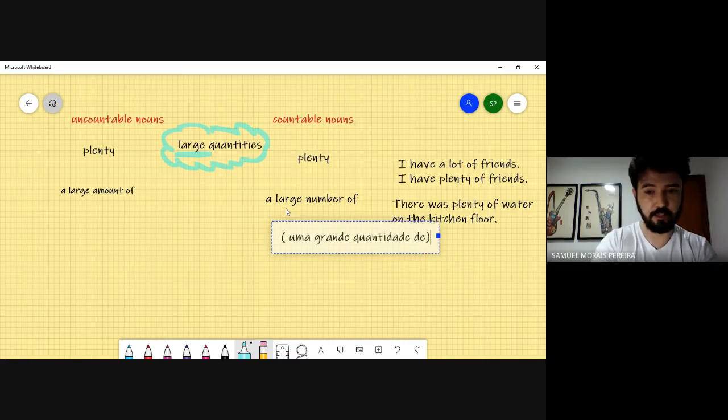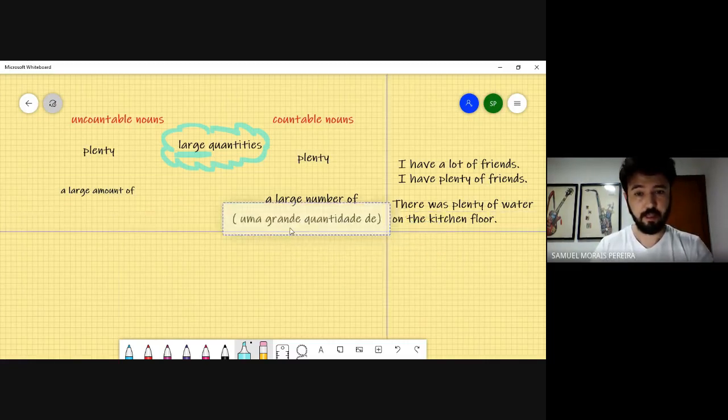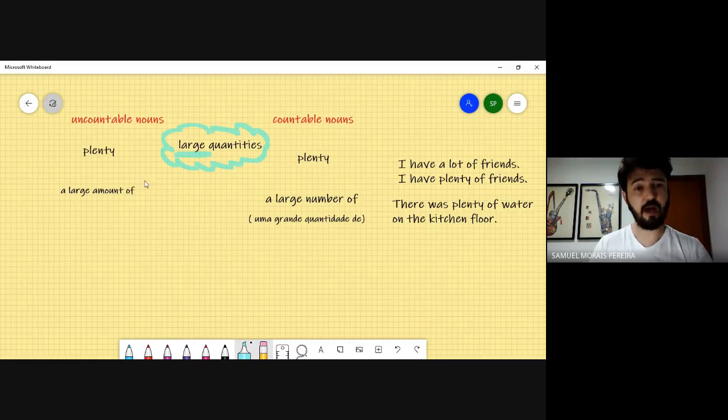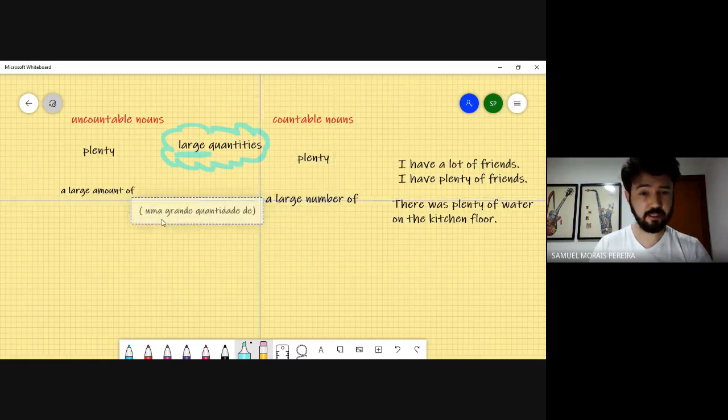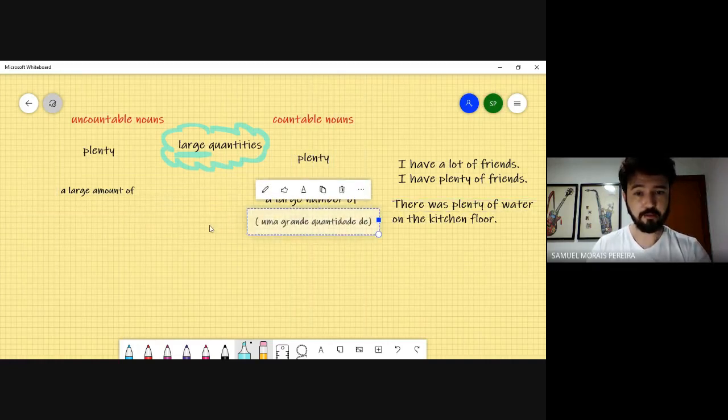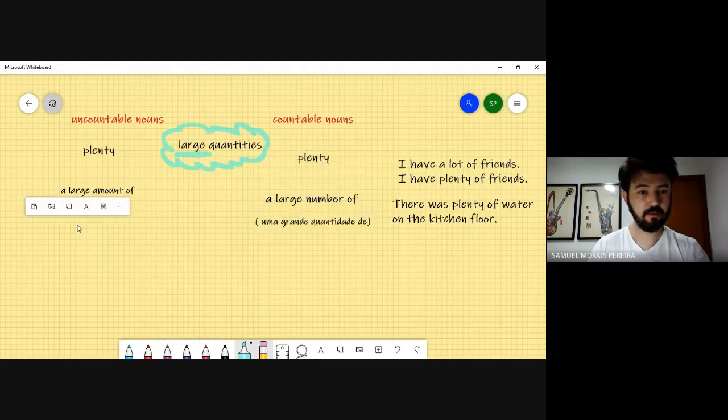uma grande quantidade de alguma coisa. And this is very formal. It's very formal to use a large number of, a large amount of. Someone, what's the translation of a large amount of? The same. The translation is exactly the same, okay? So, I can... deixa eu ver se eu consigo copiar aqui, just a moment. Yes.